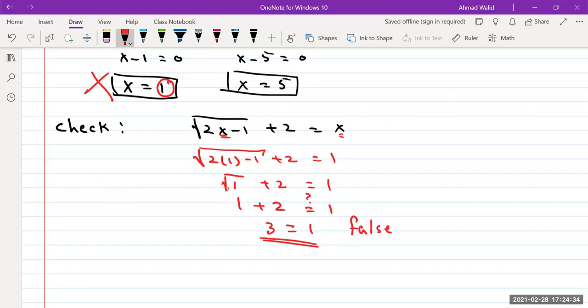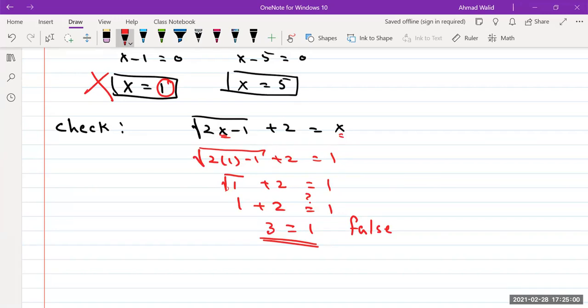That's why we never check the answer for linear equations. Oh, at a low level, yes, they check, they want to make sure that they solved the problem correctly. We never check our solution for quadratic equations. We never check our answer for polynomial equations because they always work.